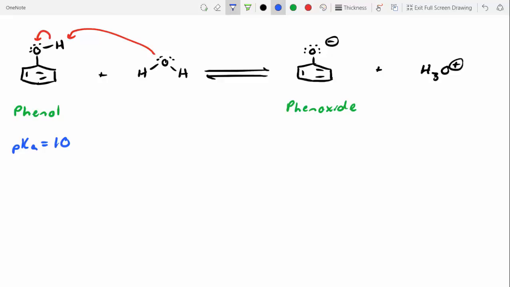Resonance. So in this case, it's important to go back to the topics we covered first term, and we could say that the conjugate base is stabilized via resonance.